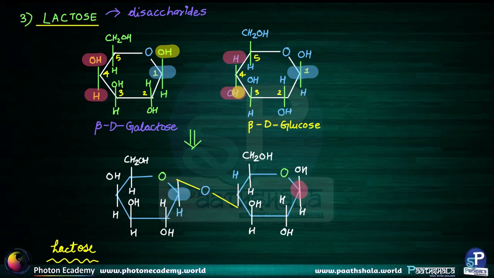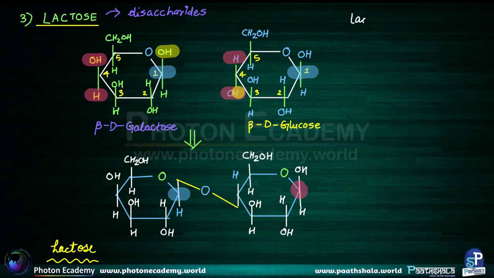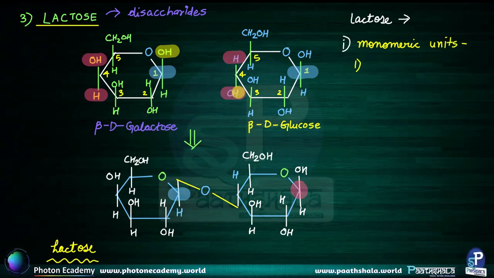So the points of highlight that we saw in lactose were, first, the monomeric units. The first one is beta D galactose, and the second one is beta D glucose.